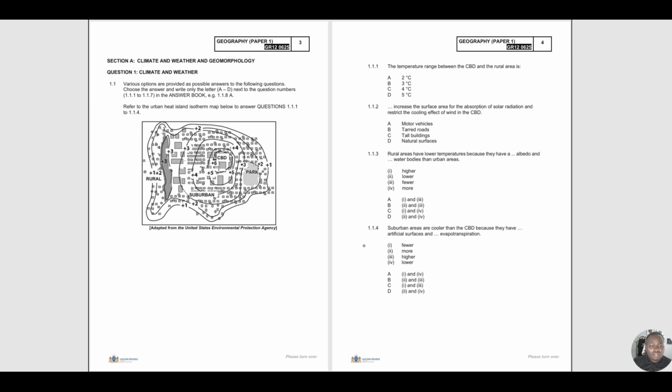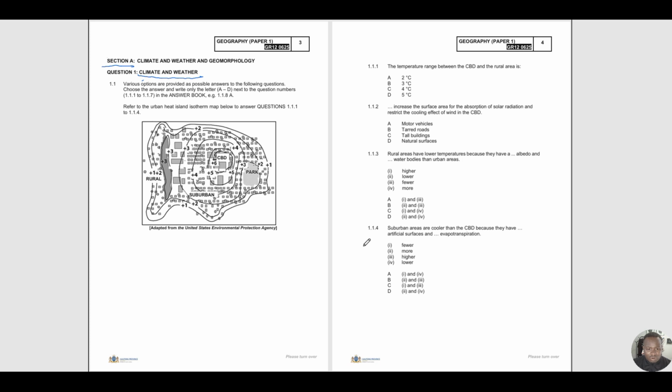Okay, Section A, climate and weather and geomorphology. We are going to start with climate and weather. 1.1, various options are provided as possible answers to the following questions. Choose the answer and write only the letter in brackets, A to D, next to the question numbers 1.1.1 to 1.1.7 in the answer book.